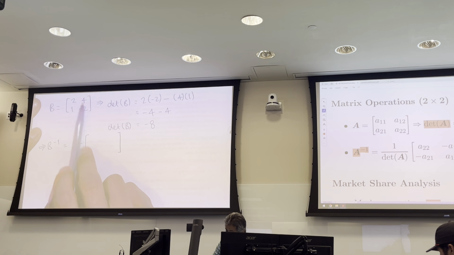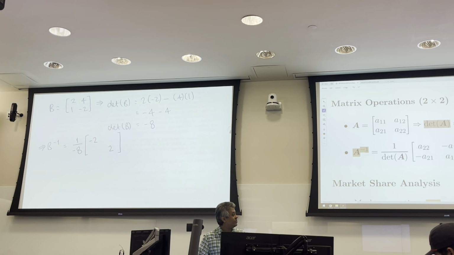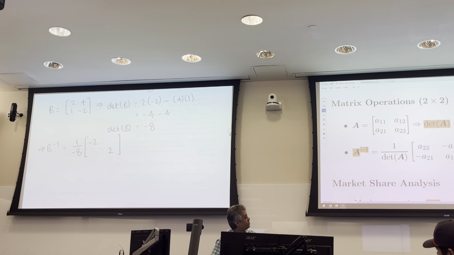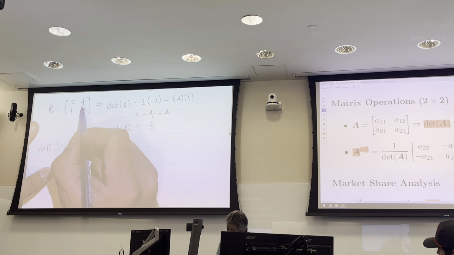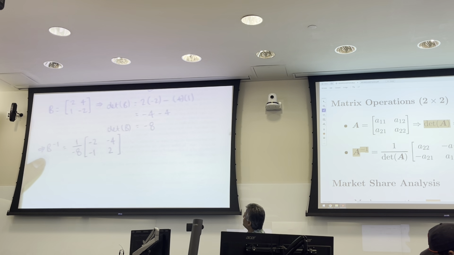It's kind of a bad example because it's 2 and -2, but remember, they're switching positions, not changing signs. So 2 and -2 swap places: this is -2 now, this is 2. And the elements on the off diagonal simply change signs: 4 becomes -4, 1 becomes -1.